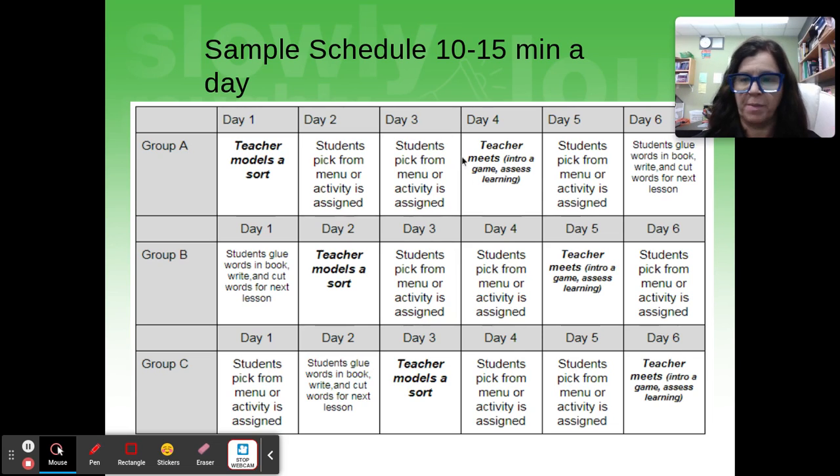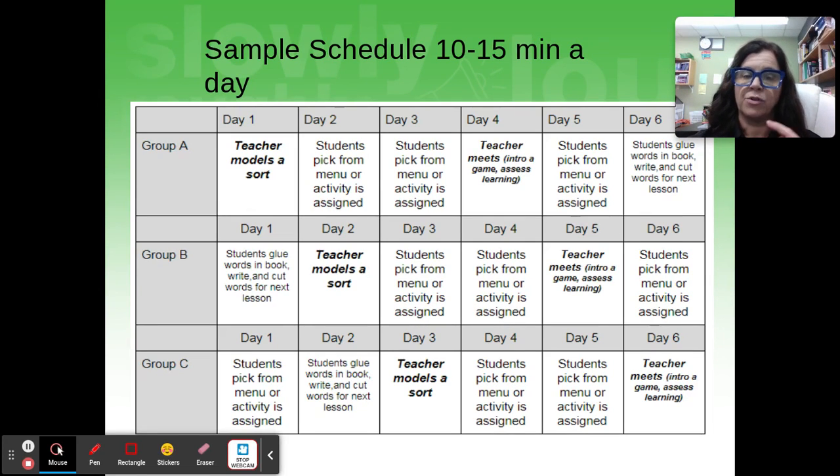Group C or Group A is doing a manual sort, right? And if you have a fourth group, you would imagine that you would be meeting with Group D on day 4, and the other 3 groups would be doing their respective sorts.